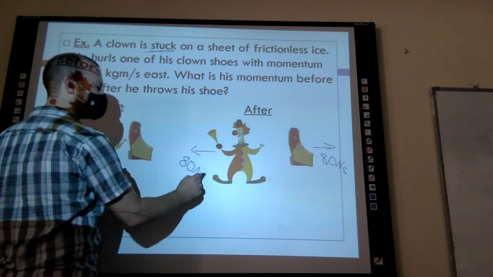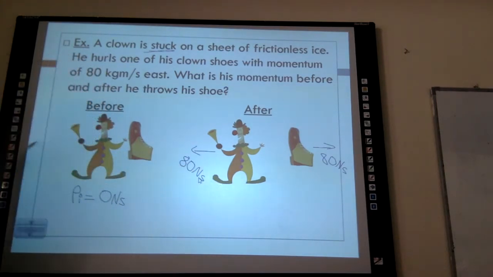It also has to be 80. Now, you don't experience this. If you were sitting here and you wanted to throw your shoe at someone, you would not fly backwards. It's the same kind of ridiculous notion if someone shoots a gun in a movie and they fly backwards, it doesn't actually happen.